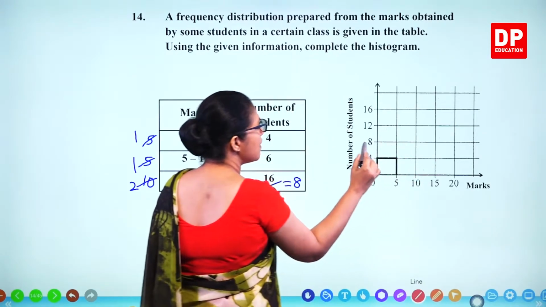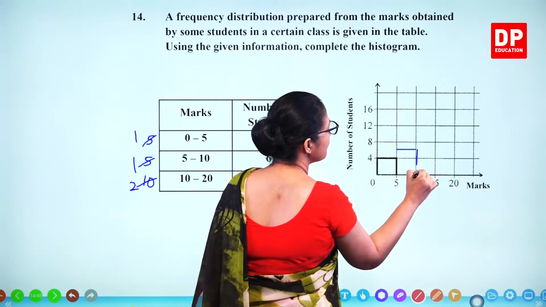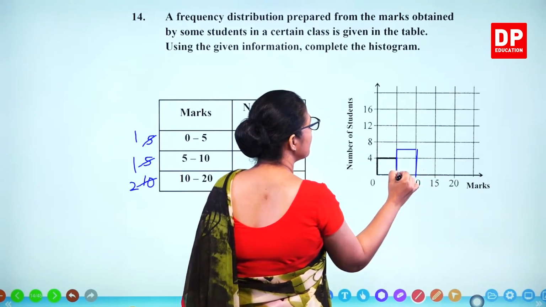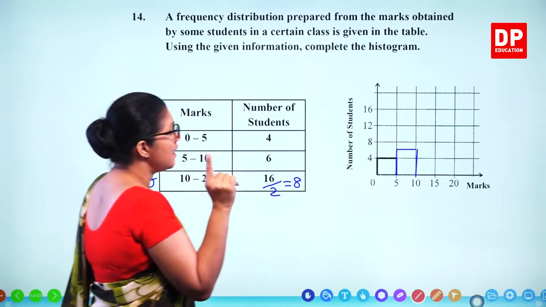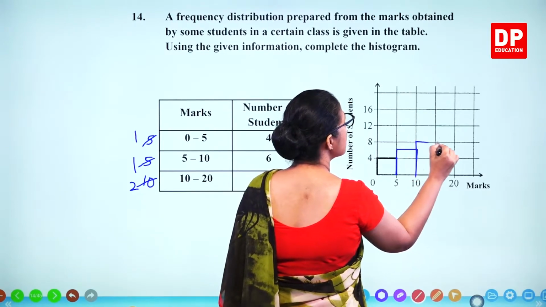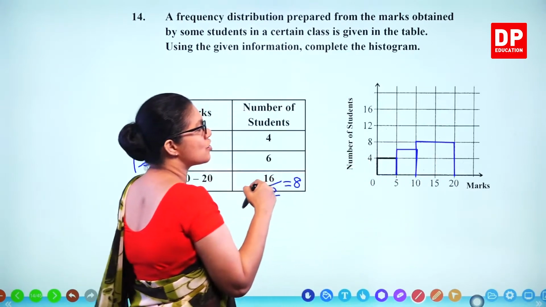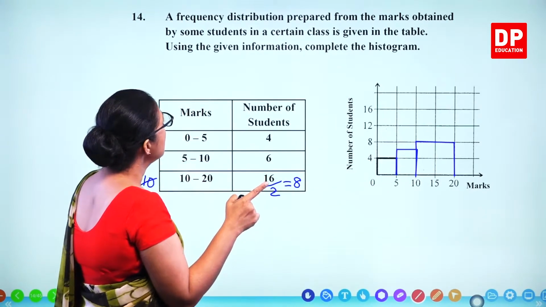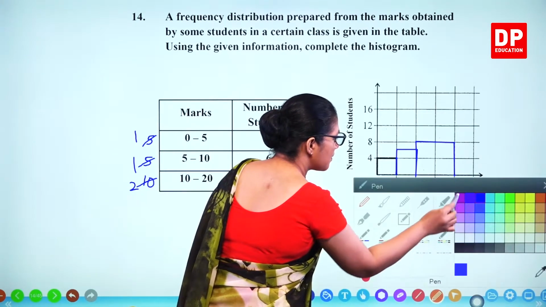In between 4 and 8, that's 6. Then 10 to 20, 8 each. So you can complete this, 8 each. So that's the histogram. So you get 2 marks.